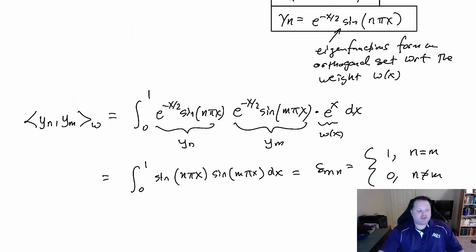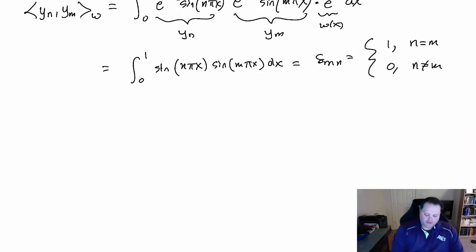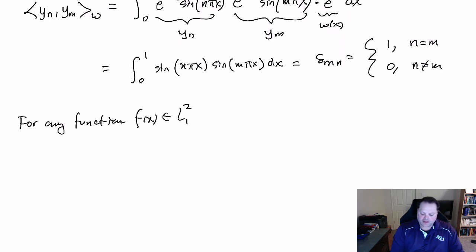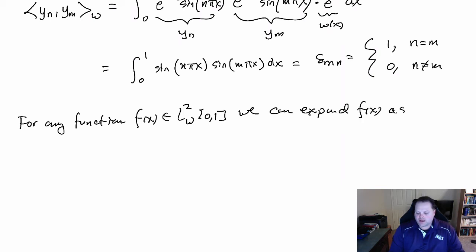And these functions have that orthogonality property. And because of that, for any function that resides in the L2 space on 0 to 1, we can expand f of x as the following.